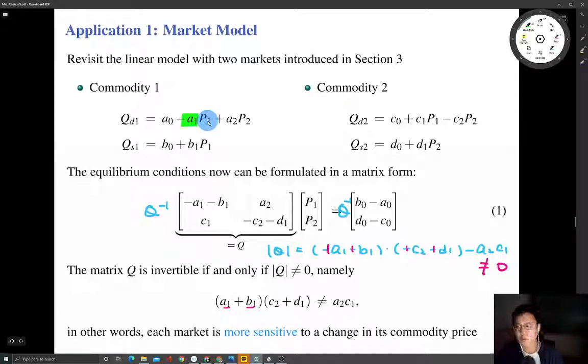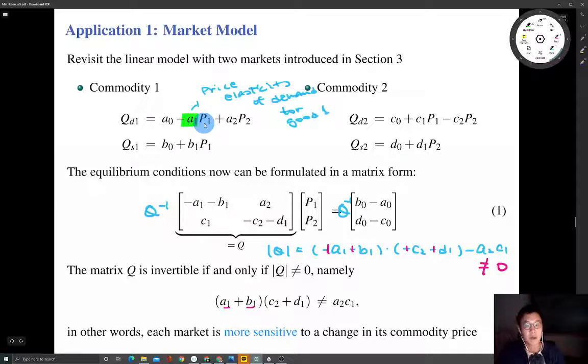We usually call that the price elasticity of demand for good one.